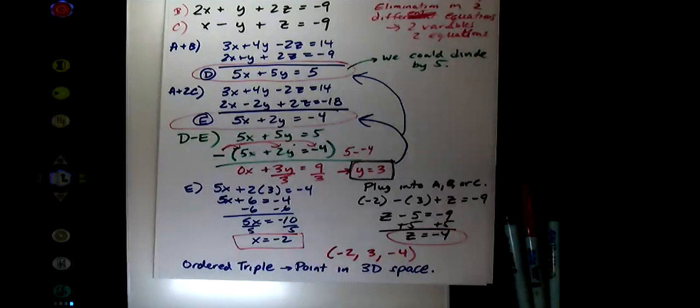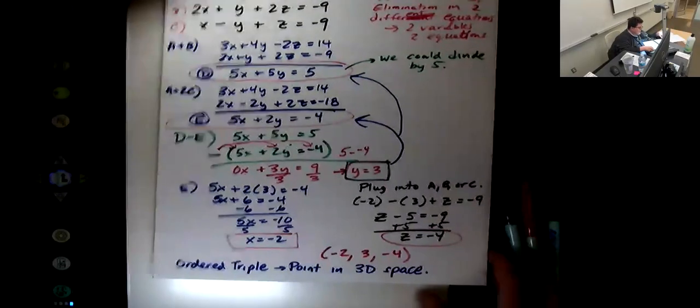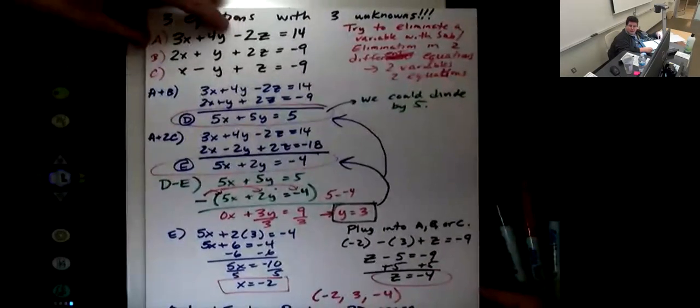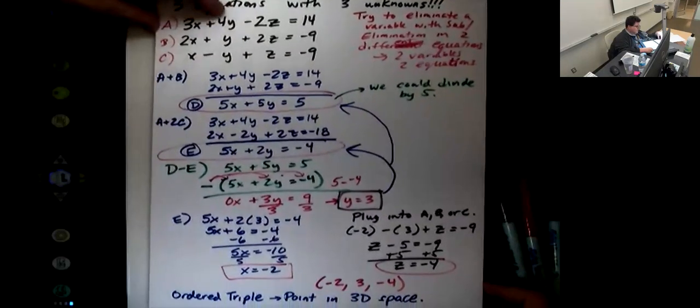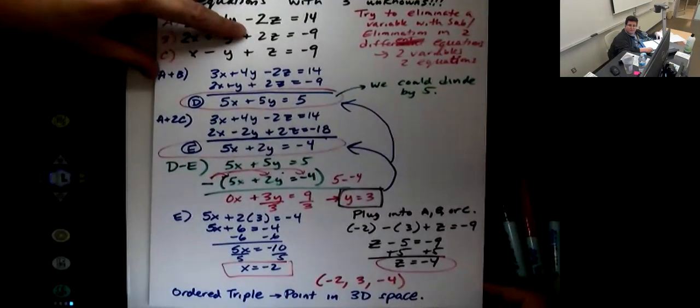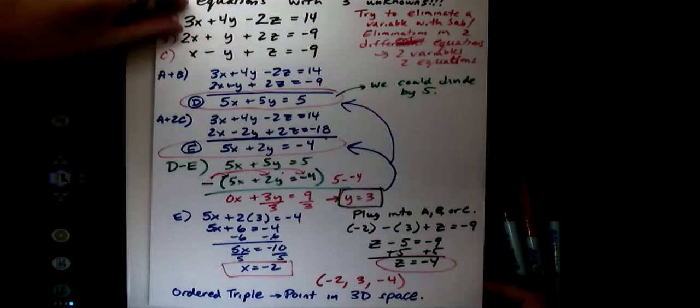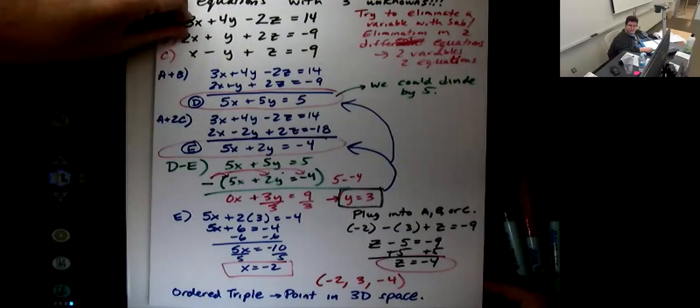I have a question. What was your process for picking the first 2 equations to plug in to get D and E? Okay, so I saw that -2Z and 2Z were opposite, so I didn't have to do anything but just add as is.